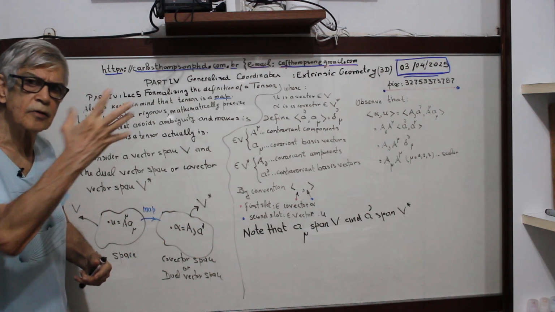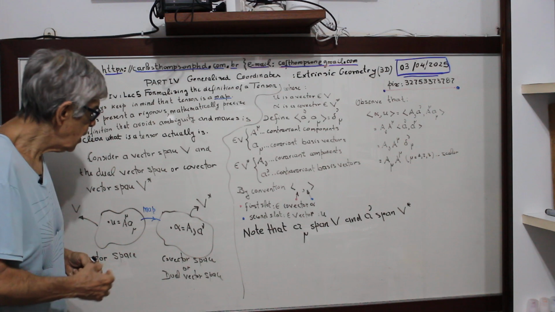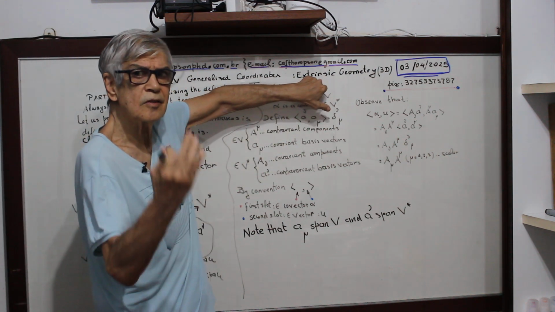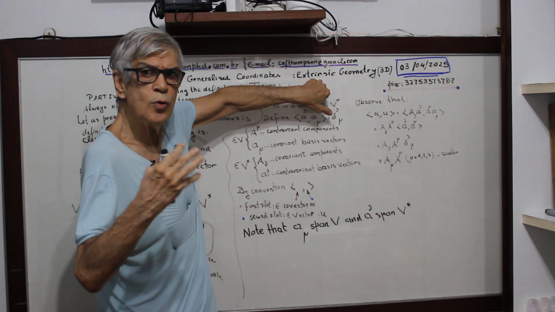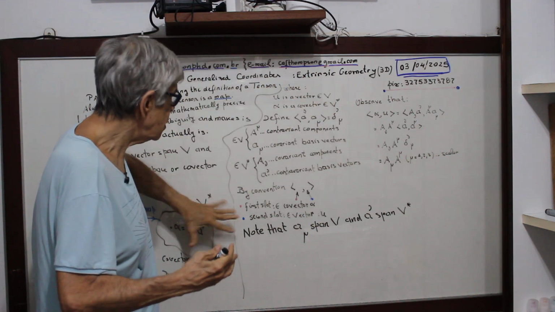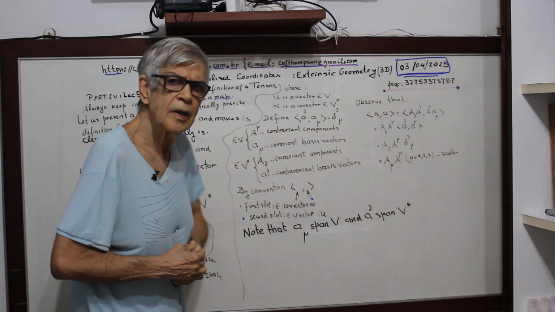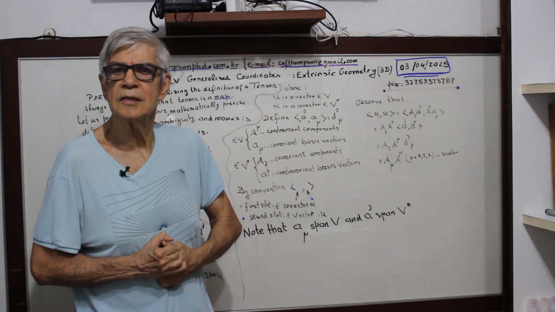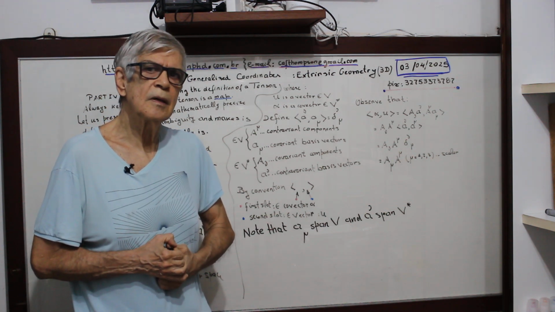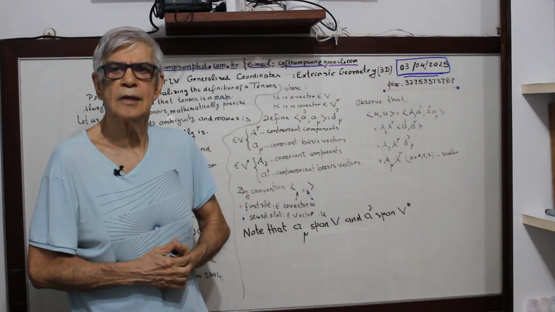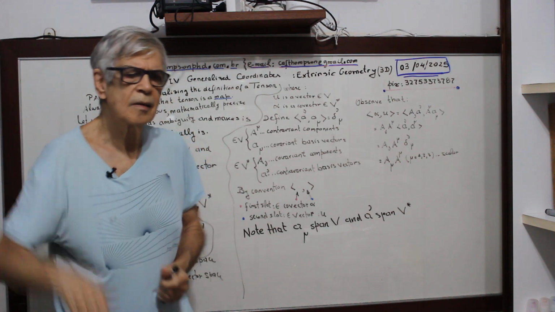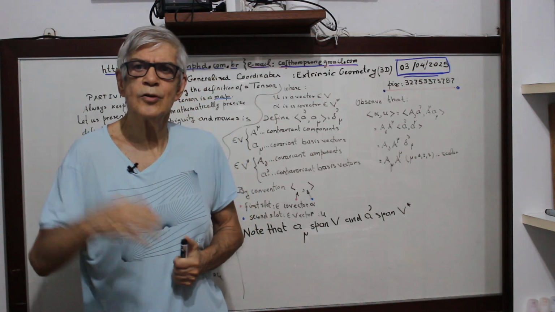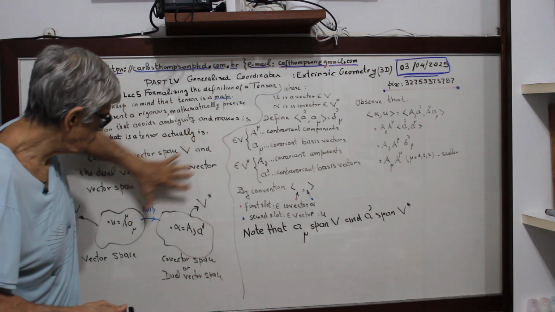Later, ahead, when you talk about not extrinsic but intrinsic geometry, we're going to use the same procedure here for the vector space and covector space in the intrinsic geometry. Okay, this ahead. I will remind you about this important lecture over here.